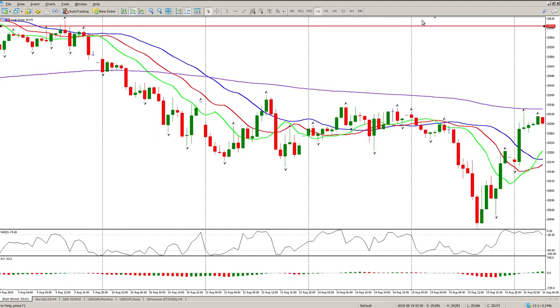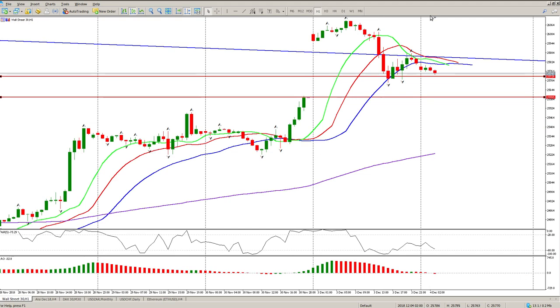So if we come down to the hour, what's happening now is actually irrelevant, because you can see what happened during the morning session yesterday, and then we sold off quite dramatically. If we just use a Fibonacci here as well, I'll take it from there.